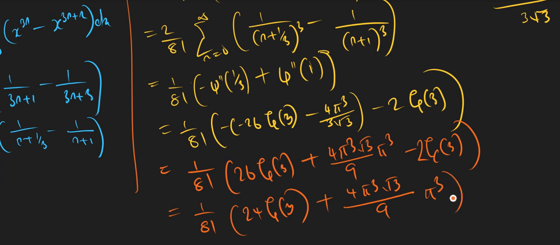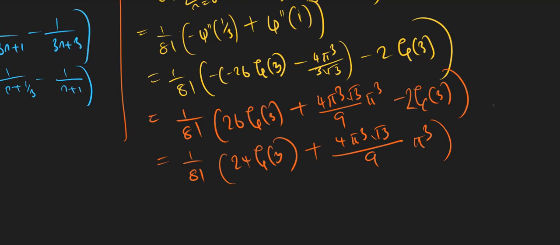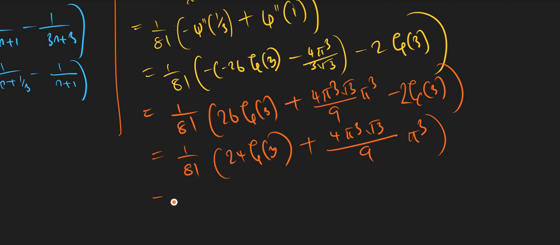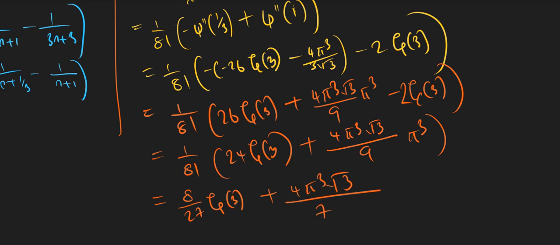I think 24 and 81 can both be divided by 3: 81 divided by 3 gives 27, and 24 divided by 3 gives 8. So this gives you 8 over 27 zeta of 3, plus 4 pi cubed square root of 3 over 729 pi to the third power.